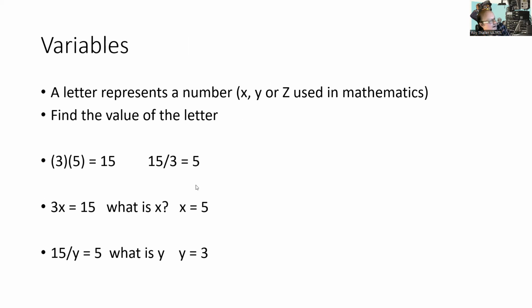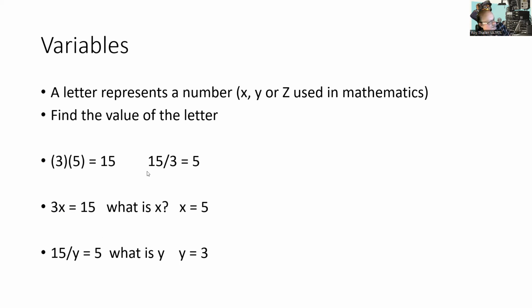But going back to the example here, 3 times 5 is 15. So I could take out the 5, for example, and say 3x equals 15, and ask, what is x? So you would divide both sides by 3, to leave you with x. So x is 15 divided by 3, which is 5.